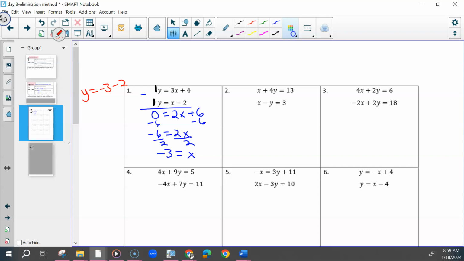If these boxes are too small, feel free to either write on the back of the first page or grab another sheet of paper. So our y value would be what? -5. So then we would write that as an ordered pair, -3, -5.